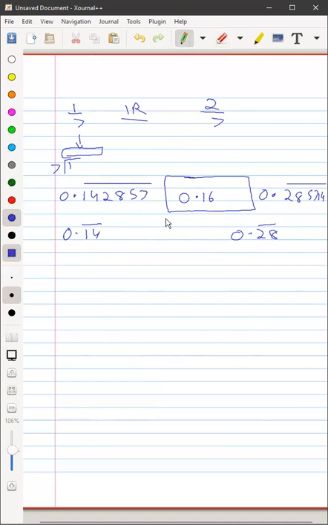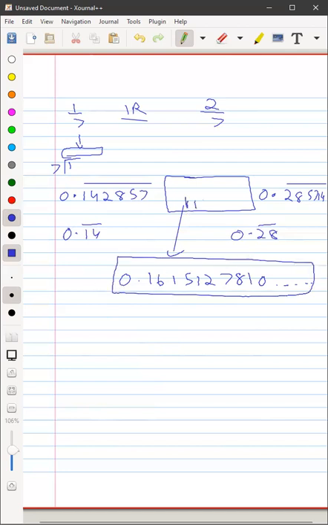And what kind of decimal expansion does an irrational number have? Non-terminating and non-recurring. That means it will always continue. So it will be something like 0.1615127810 and so on. Nothing is repeating and it's non-terminating, right? So this is an example of an irrational number between two rational numbers.